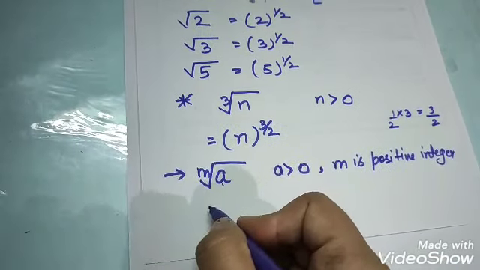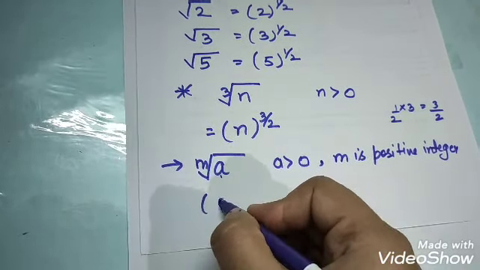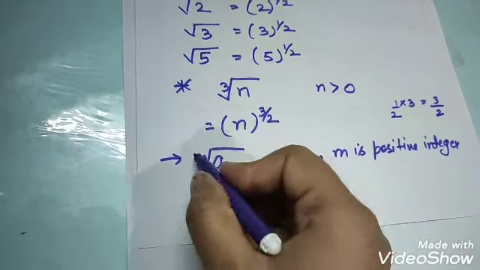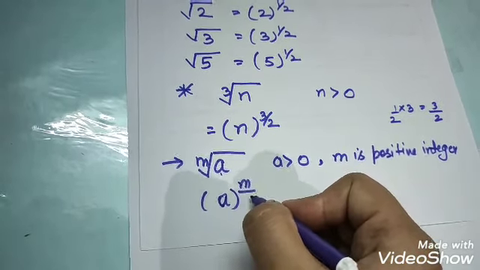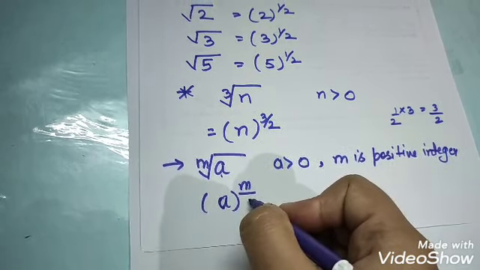That means it will become a to the power m divided what? M divided what?